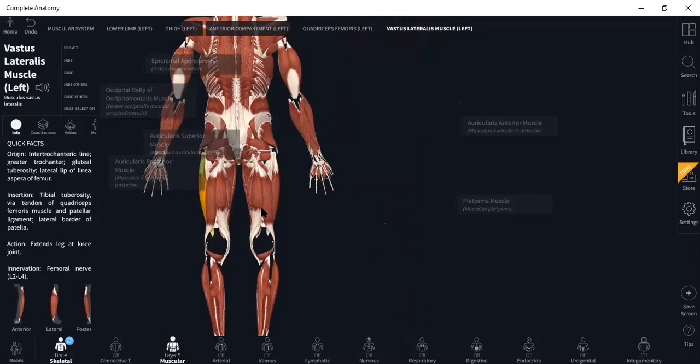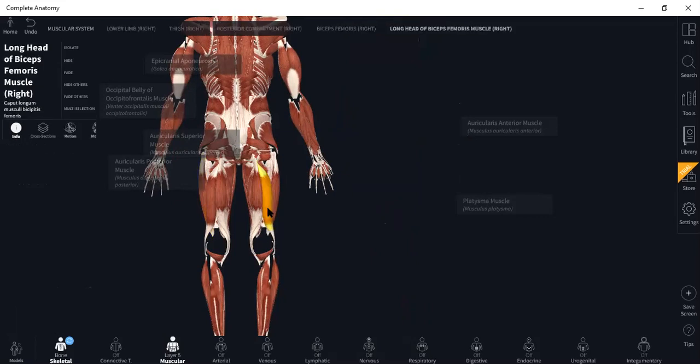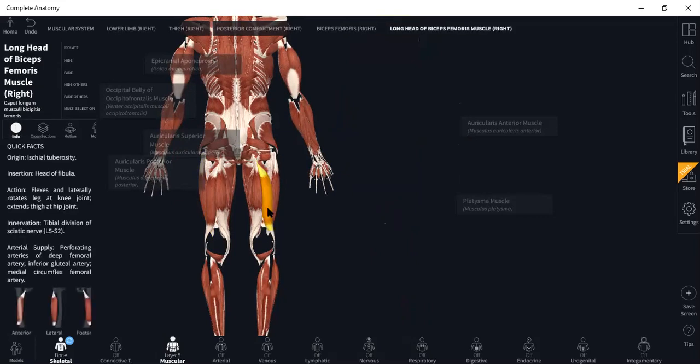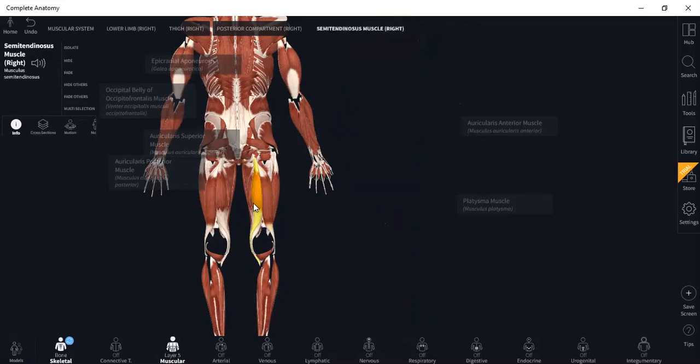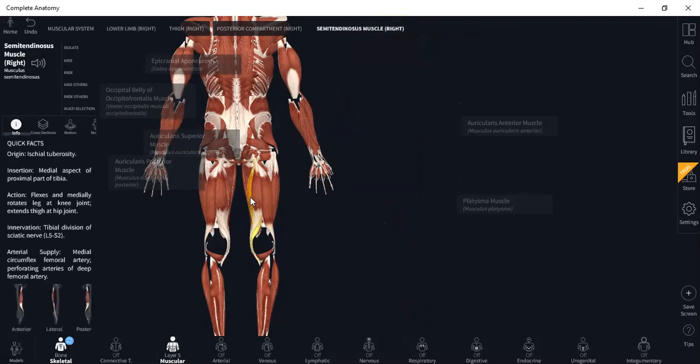Flexion of the leg at the knee is performed by the hamstrings group. Biceps femoris on the lateral side, semitendinosus and semimembranosus on the medial side.